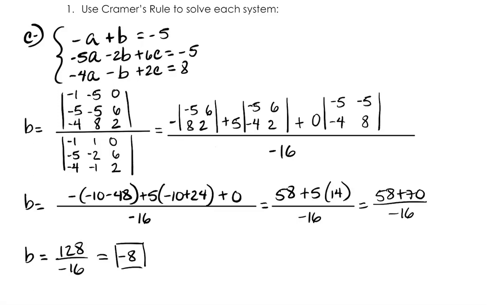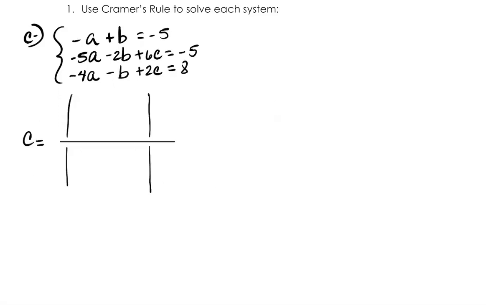Now let's find c. Since we are trying to find c, our solution values will be in the third column. A coefficients will be in the first column and b coefficients will be in the second column. And in the denominator, we will have the determinant of the system. Now we're going to solve for c.